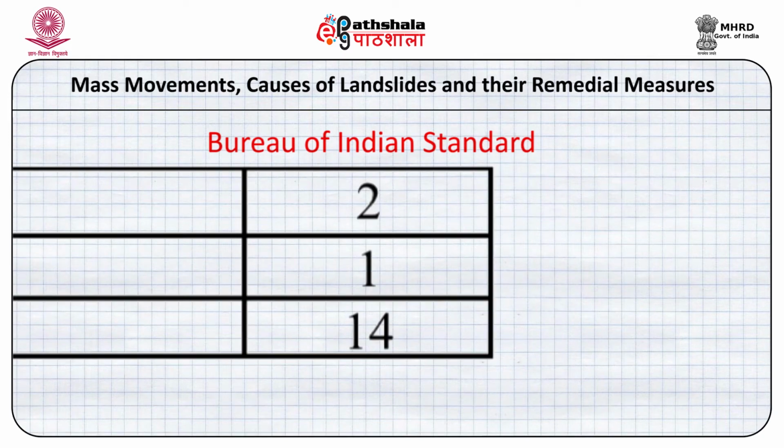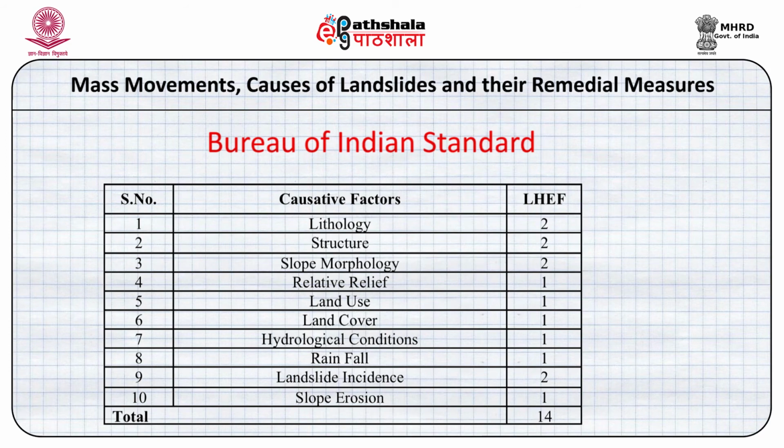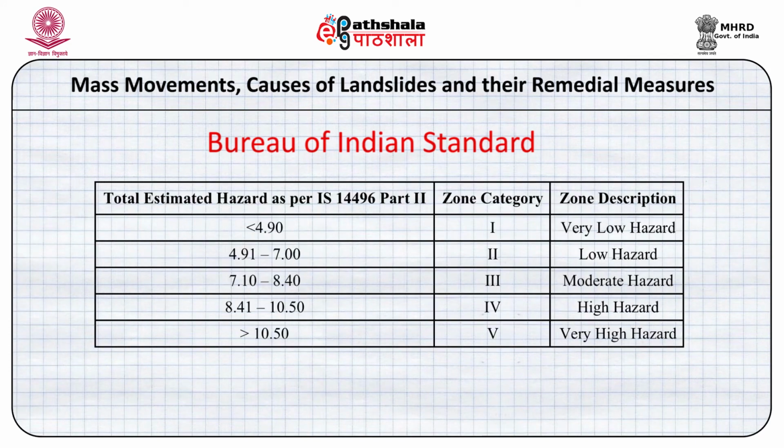Now if we calculate this LHEF for all these factors, and the value comes more than 10.5, the landslide zone is 5, and it is very highly prone to the hazard. If it is 8.41 to 10.5, it is zone 4, highly prone to the hazard. If it is 7.1 to 8.4, it is zone 3, moderately prone. If it is 4.9 to 7, it is zone 2, low susceptibility to the hazard. And if it is less than 4.9, it has very low hazard.